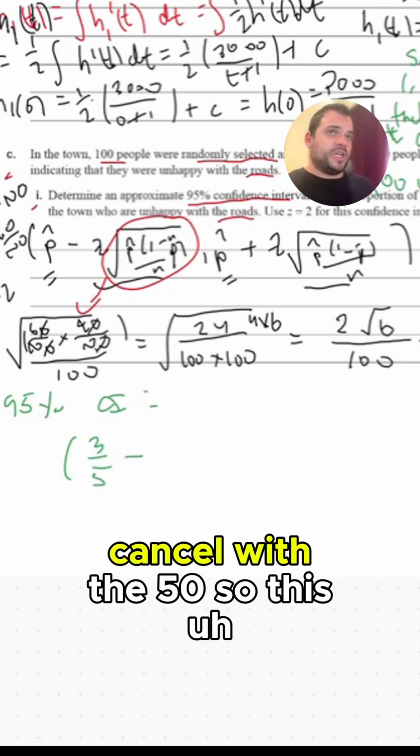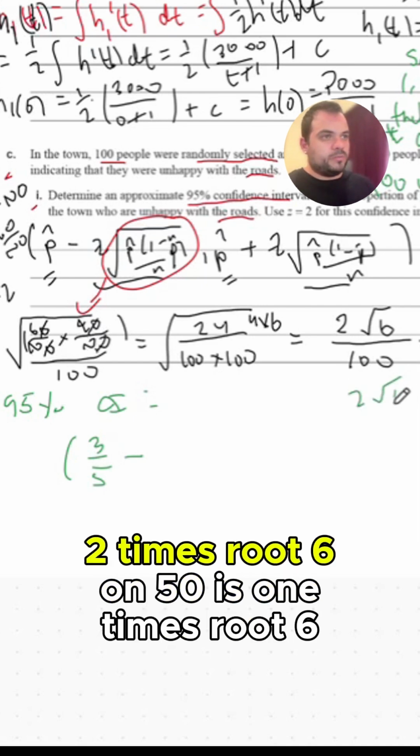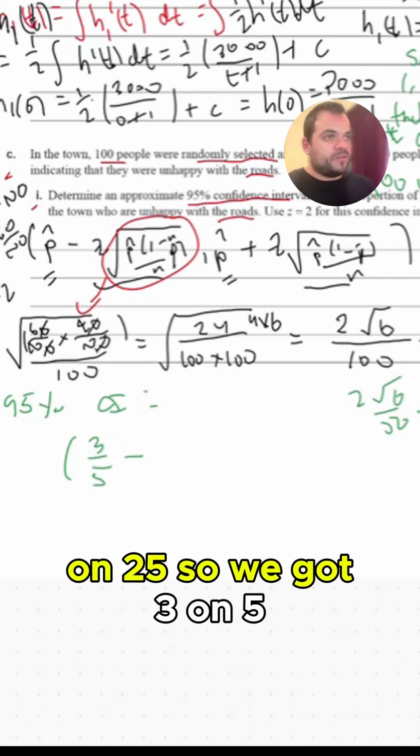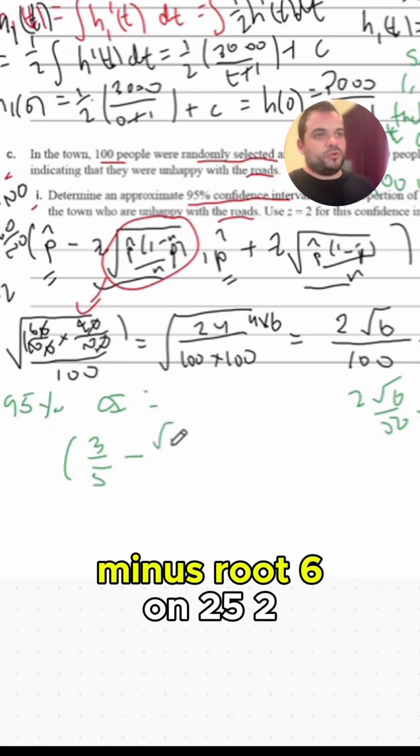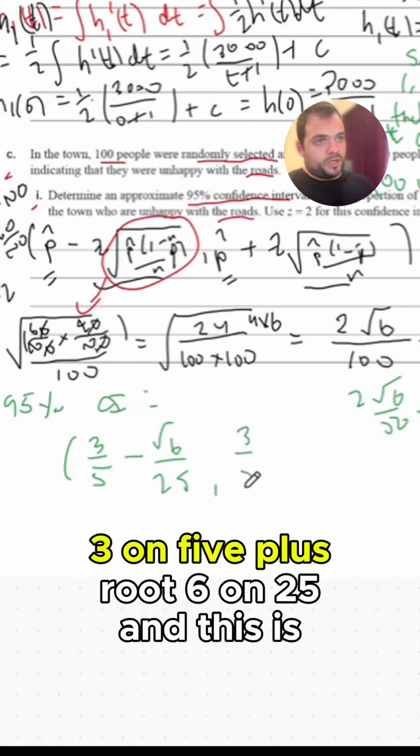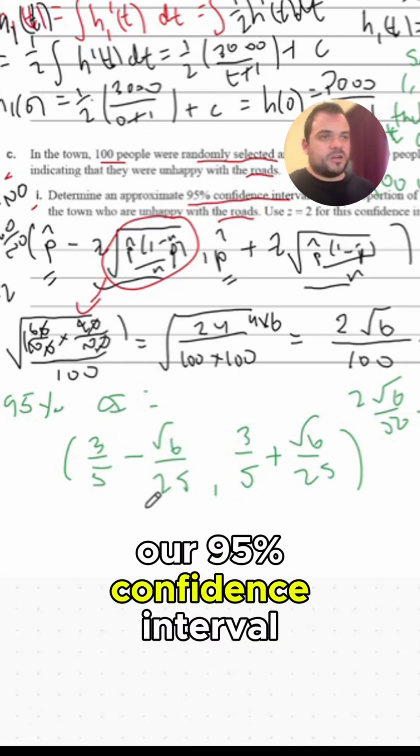So the 2 is going to cancel with the 50. So this 2 times root 6 on 50 is 1 times root 6 on 25. So we've got 3 on 5, which is the simplification of 60 on 100, minus root 6 on 25 to 3 on 5 plus root 6 on 25. And this is our 95% confidence interval.